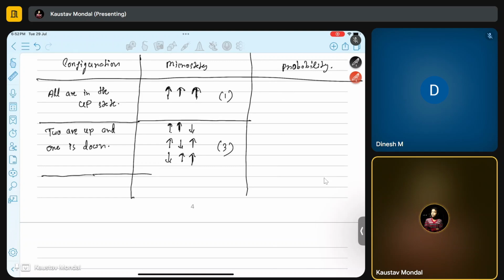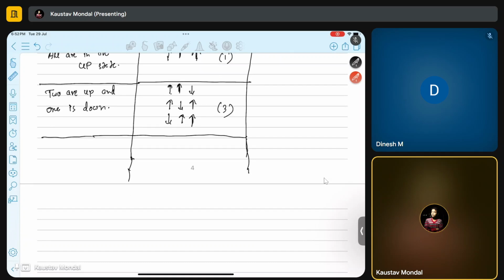The next one is the opposite of the second one, that is, one up and two down. The configurations would be down, down, up; up, down, down; down, up, down.